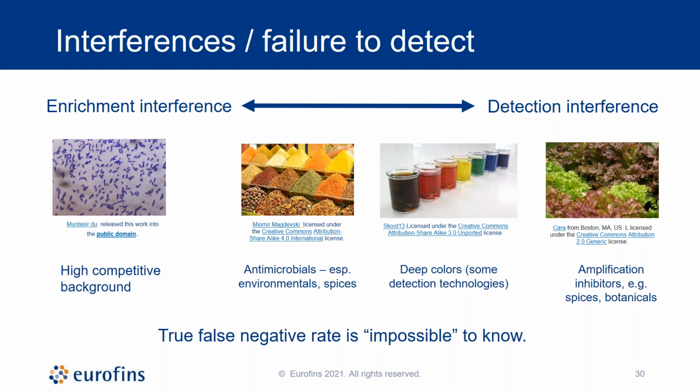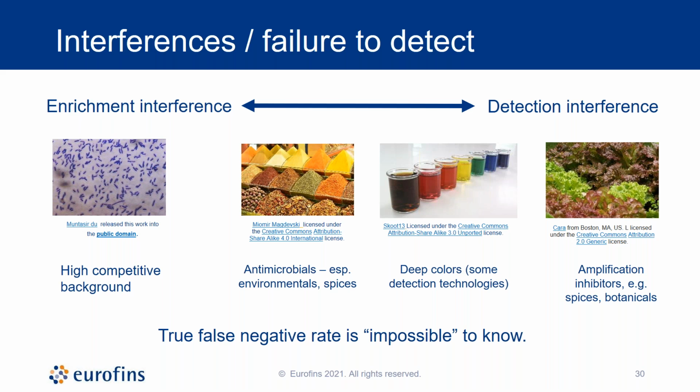Many of the molecular methods use a fluorescence detection system, and highly colored matrices can prevent either the UV accessing the fluorophore or the fluorescent light getting back to the detector. So highly colored matrices can be problematic, and some matrices contain, for example, high phenolic content, and that can interfere with the amplification in the PCR reaction or DNA detection reaction.